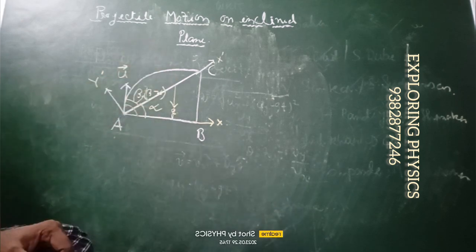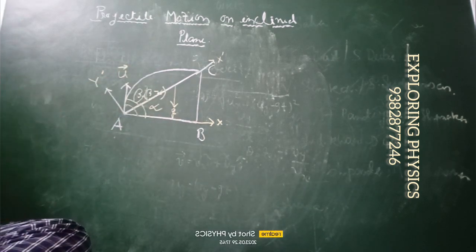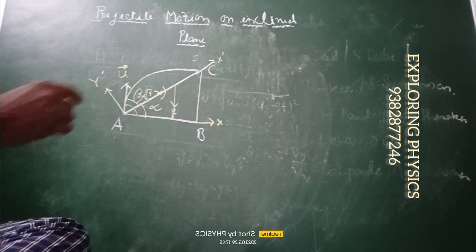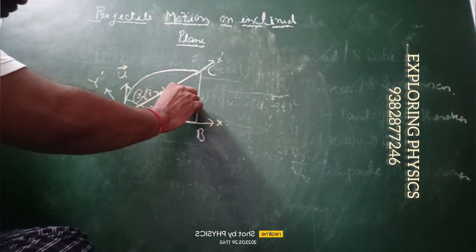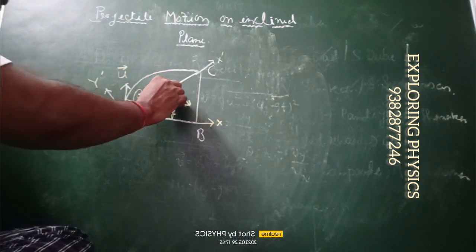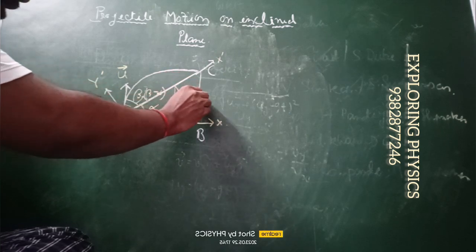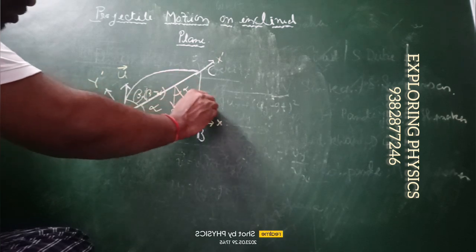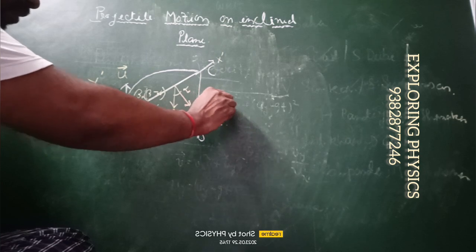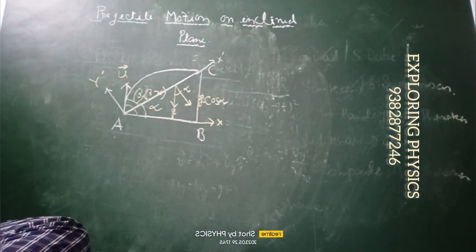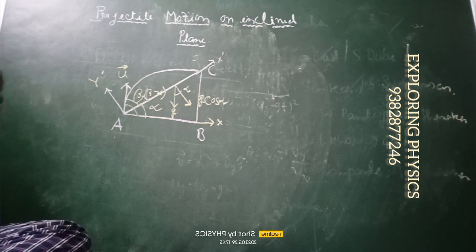We have to calculate the acceleration due to gravity on the inclined plane. If this is alpha, the acting acceleration due to gravity is g cos alpha. Now u is the initial velocity of the projectile.